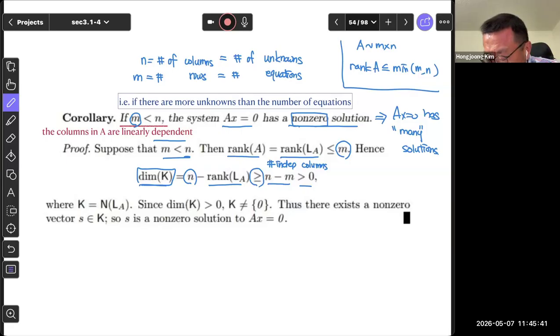So K cannot be the zero space. Please remember that the dimension of the zero space was 0. So there must be a non-zero vector in the space.